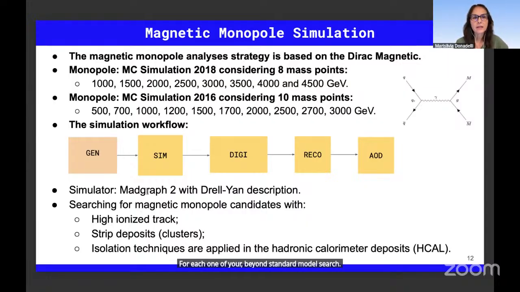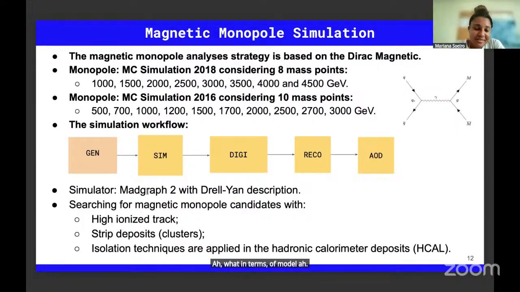Here you provided a mass grid, and you just mentioned the difference in terms of mass points that you are searching. Is there any particular reason for this first set of mass points? It's based on what in terms of model?